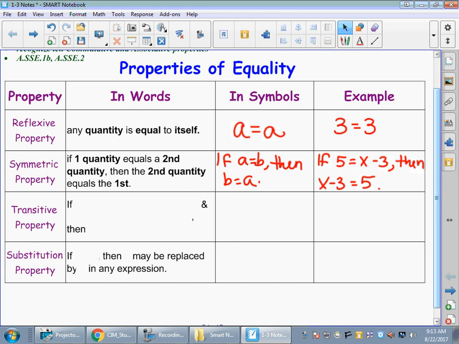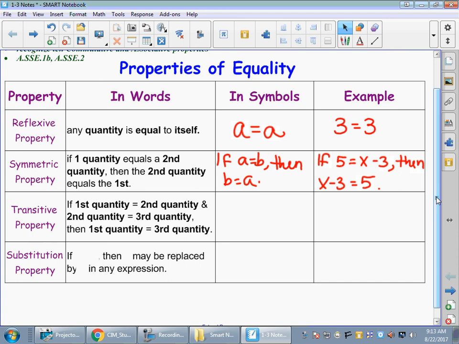The transitive property is the long one. Okay, there's 3 things to the transitive property. So we're no longer talking about 2 quantities, we're talking about 3 quantities. So we'll have like an A, B, and C. And the transitive property basically says we could just skip over the second quantity.